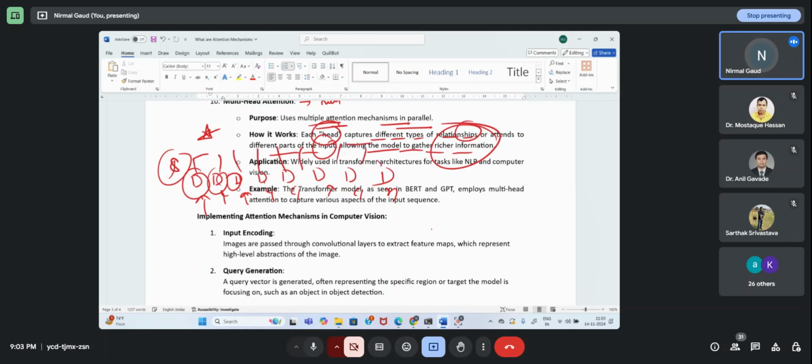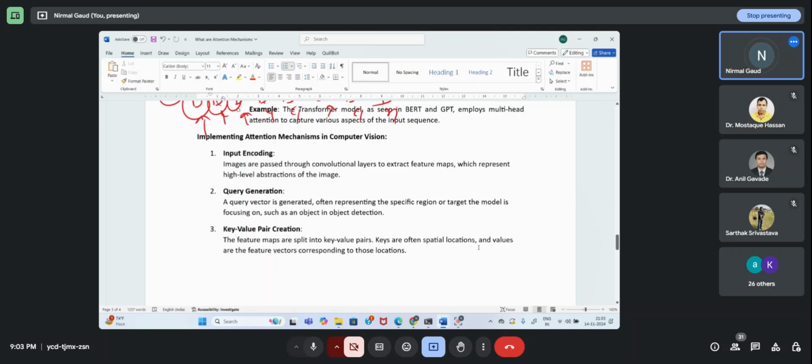Whatever result I get from them, I will concatenate. That is called multi-head attention. We are going to see this, the architecture which I have used for VGG16. We will see the code for this, the implementation and the maths.